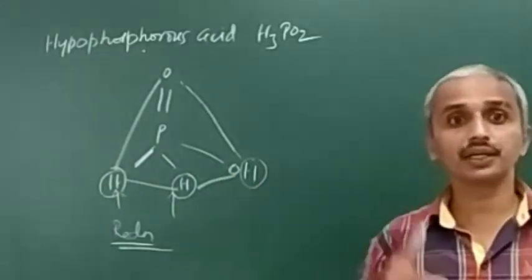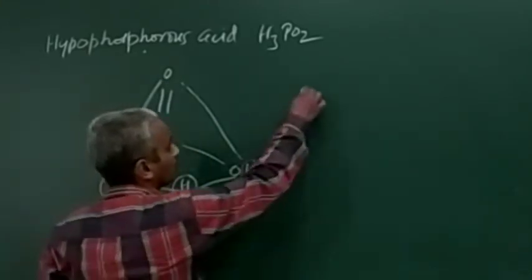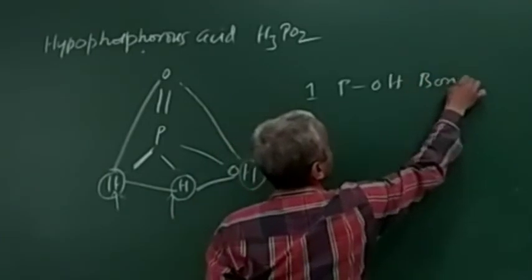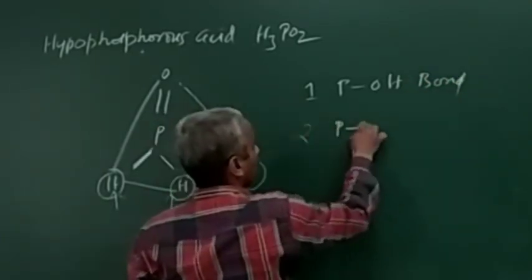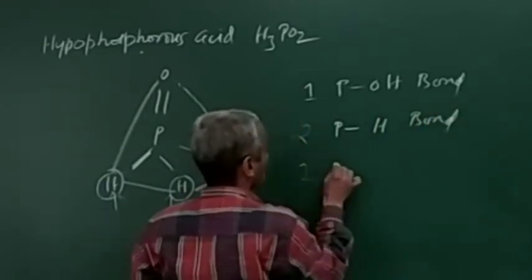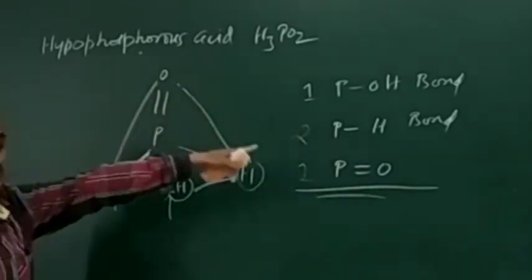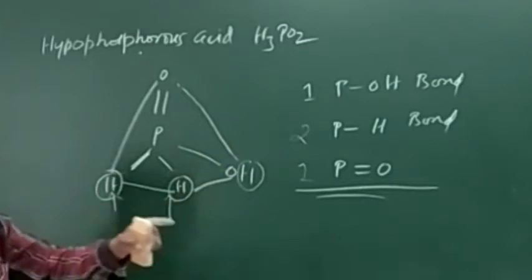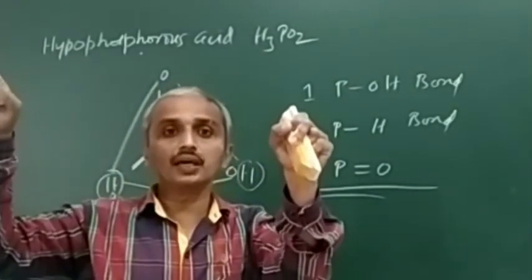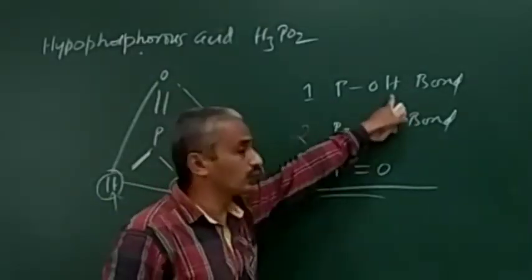That question also can be there in competitive exams. What is the number of P-OH bonds? One P-OH bond, two P-H bonds, and one P double bond O will be there in hypophosphorus acid. Note this also. They can ask like this also: number of P-OH bonds in hypophosphorus acid is, then you write one only.